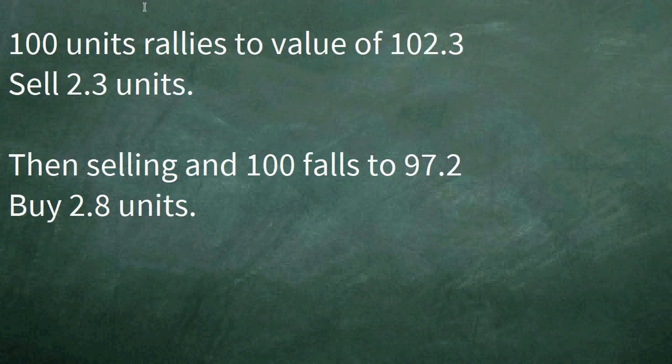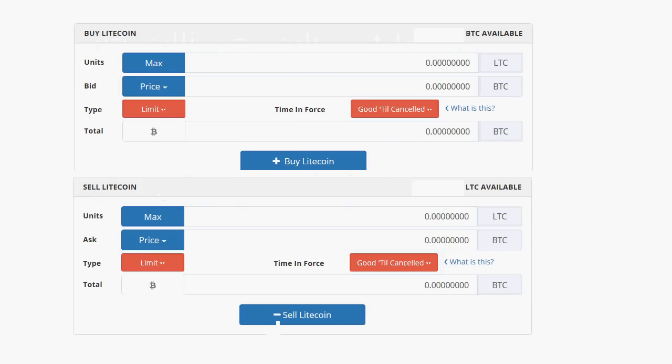So on sites like Bittrex, let me just show you what the page looks like so I can give you a better example. What I would do in here is make sure that I have no sell orders in place when I'm ready to place one. And what I would do is push either the bid or the ask price button, and then push max.